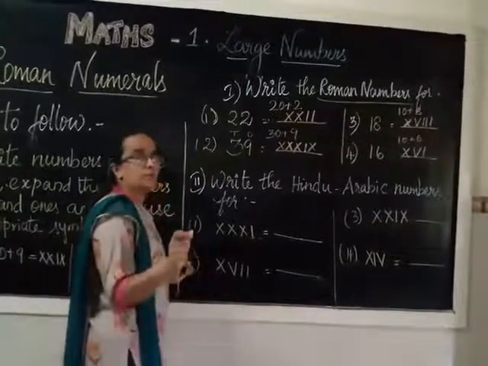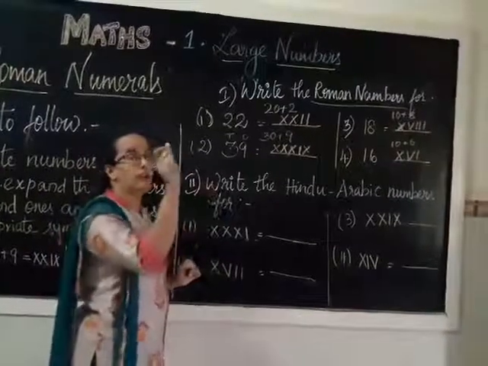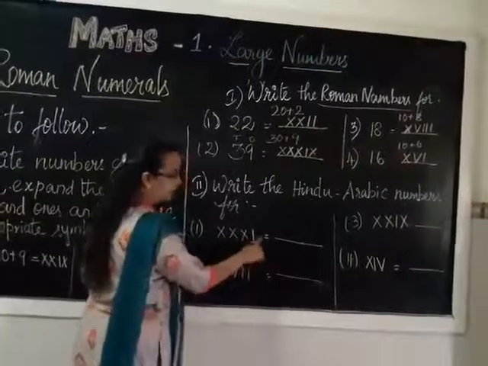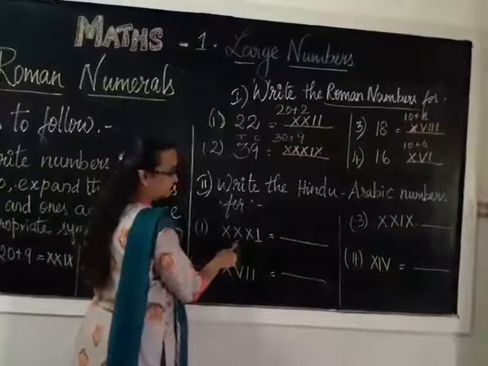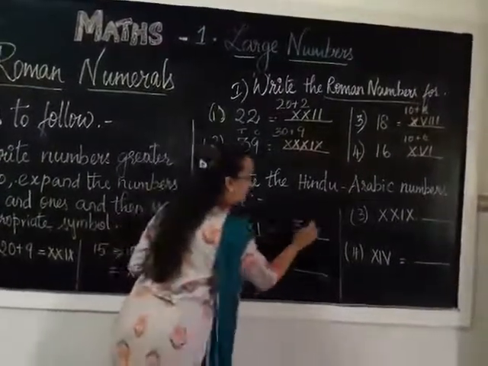If there is no symbol, or only I is present, you just have to add. I will teach you. Now see, first I am seeing no such symbol here, so just add: 10 plus 10 is 20, 20 plus 10 is 30, 30 plus 1 is 31.